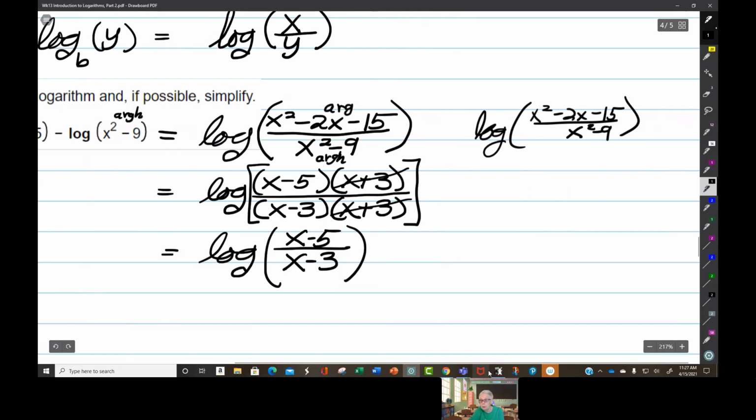So now, what do you do when you have that? You factor it and then you cancel. The numerator is x minus 5 times x plus 3. The denominator is x minus 3 times x plus 3. The x plus 3's cancel, and you're left with the log of x minus 5 over x minus 3.